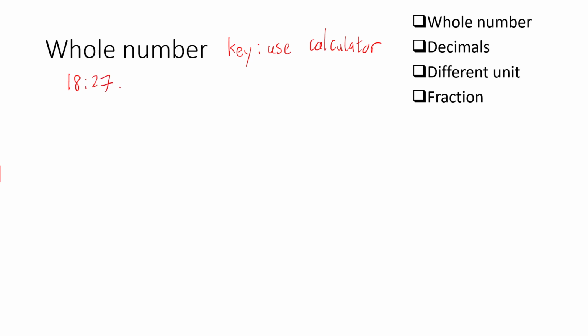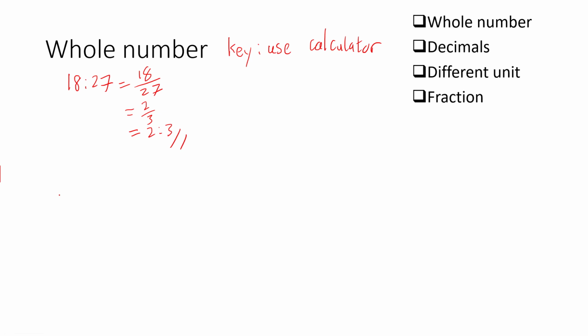The question asks you to simplify this. You can easily type 18 over 27 onto the calculator and it will simplify for you, which is 2 over 3, and your answer is 2 is to 3. Very simple, just use your calculator.